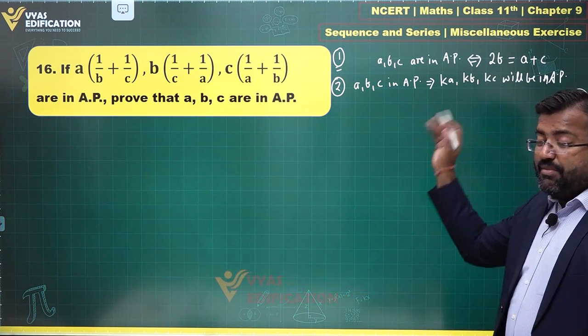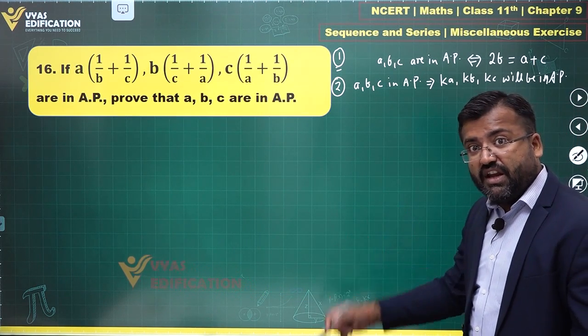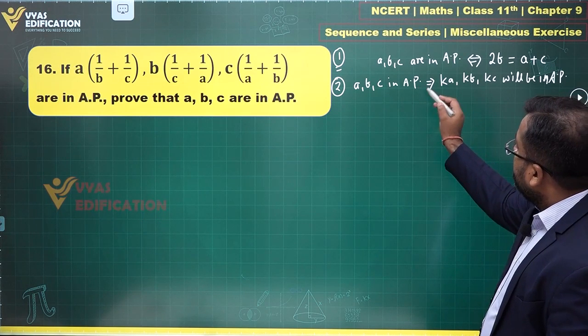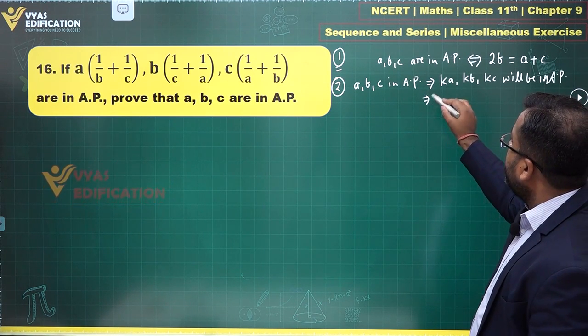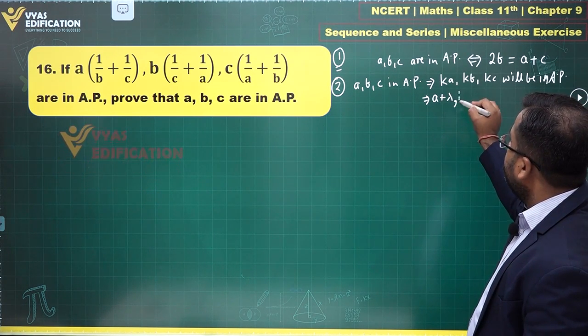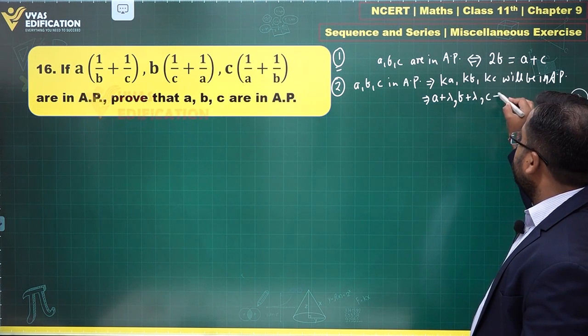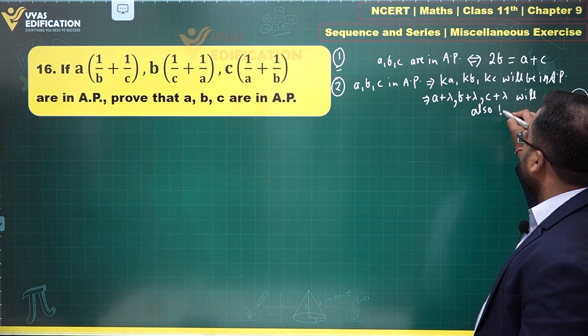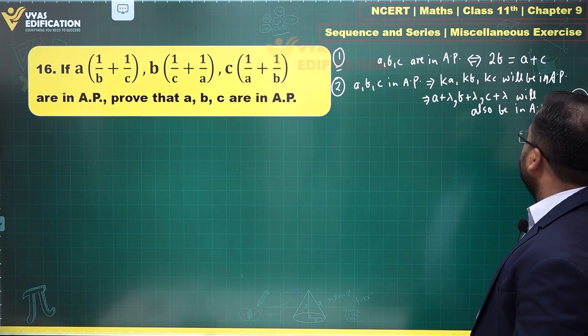Okay, if ABC are in AP, then KA, KB, KC will also be in AP. Common difference will be KD. This also implies that A plus lambda, B plus lambda, C plus lambda will also be in AP.